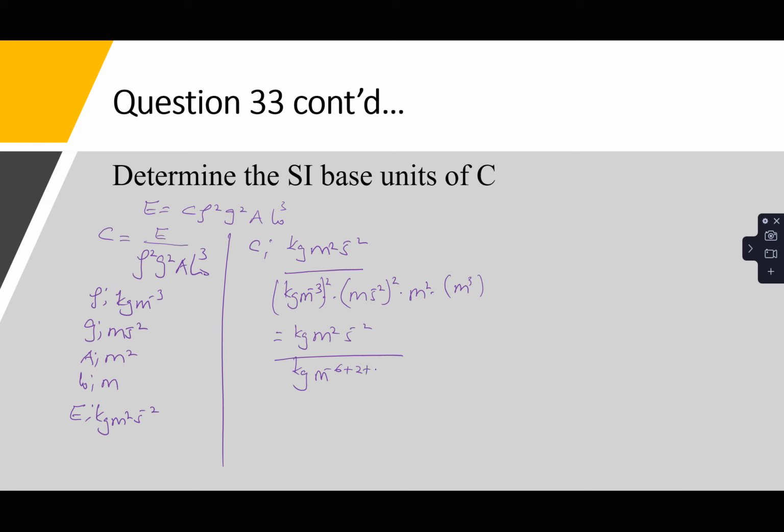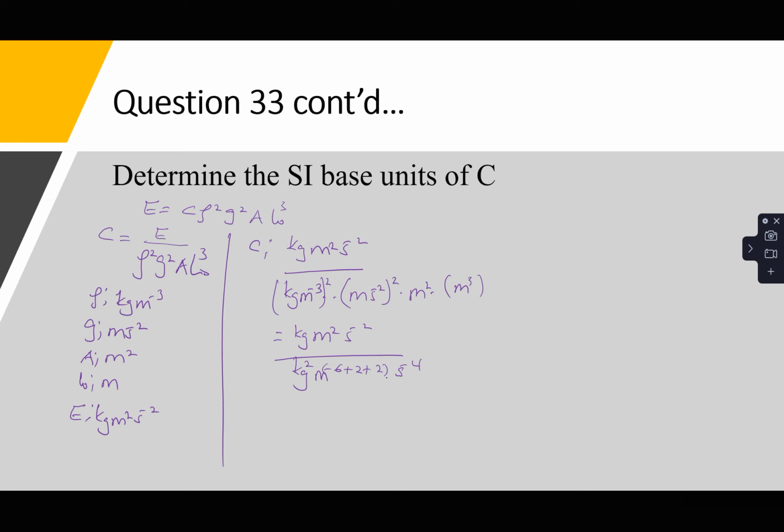M power 2 becomes also plus 2. Then S: the whole of it is squared, so we have S power negative 2, again raised to power 2, it becomes S power negative 4. We multiply the powers.